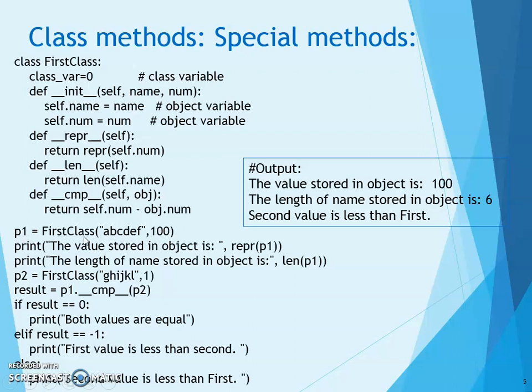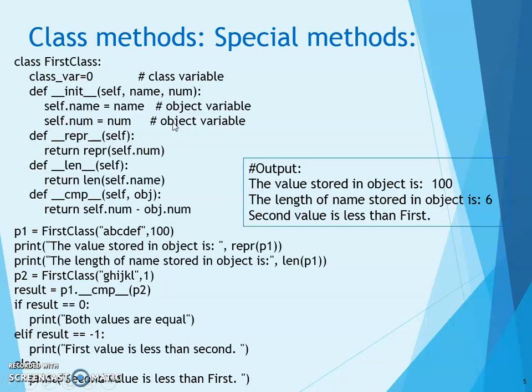Once we have created this object, it will be initialized. So this will execute. What we are doing? We are assigning self.name to the variable name. That means self.name will be assigned the value of ABCDEF, and self.num will be assigned 100.